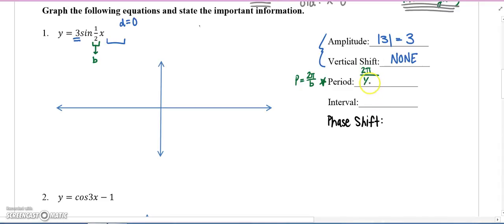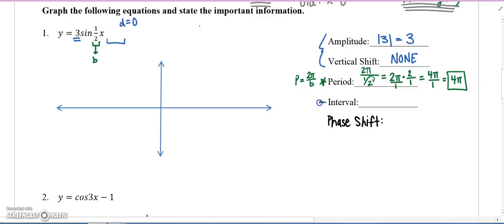Since we can't divide by a fraction, we're going to rewrite this as 2 pi times the reciprocal of this fraction, so 2 over 1. Then if I put 2 pi over 1 as well and multiply straight across, we would get 4 pi over 1, and 4 pi divided by 1 is just 4 pi. So there's the period. It's a little different than we've done, but don't worry, we'll still make it work.